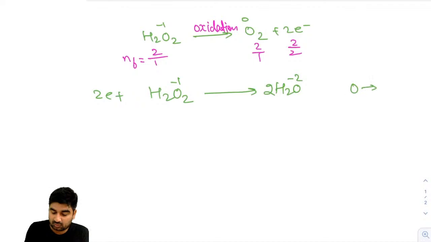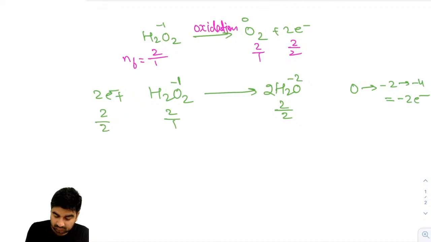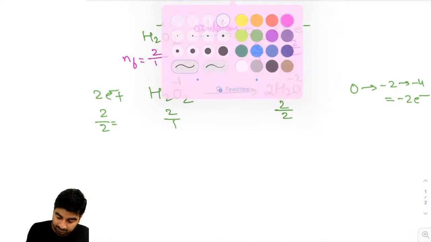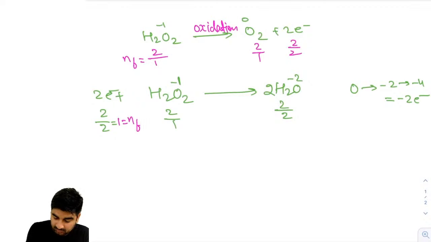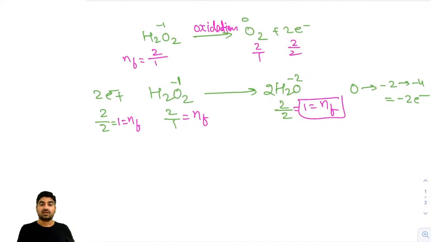So oxygen will be going from one oxygen is -1, so 2 will have -2, and it is going -2 to -4, so -2 electron. So gaining 2 electron, so just divide it by 2, right? So here you will be getting n factor 1, n factor 2, n factor 1, right? This is n factor 2, this is n factor 1.